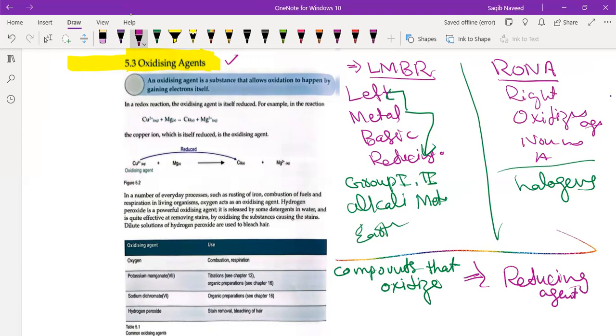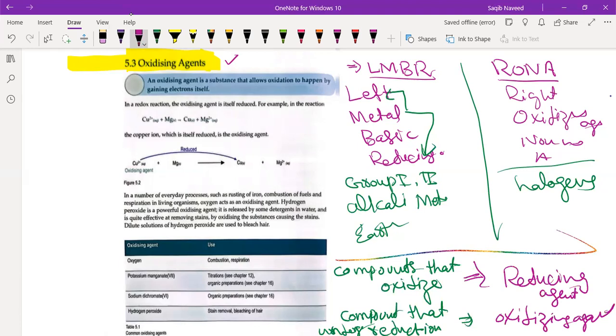Got it? And what is the reverse of that? Compound, element, or anything that undergoes the reduction process will be behaving as an oxidizing agent.